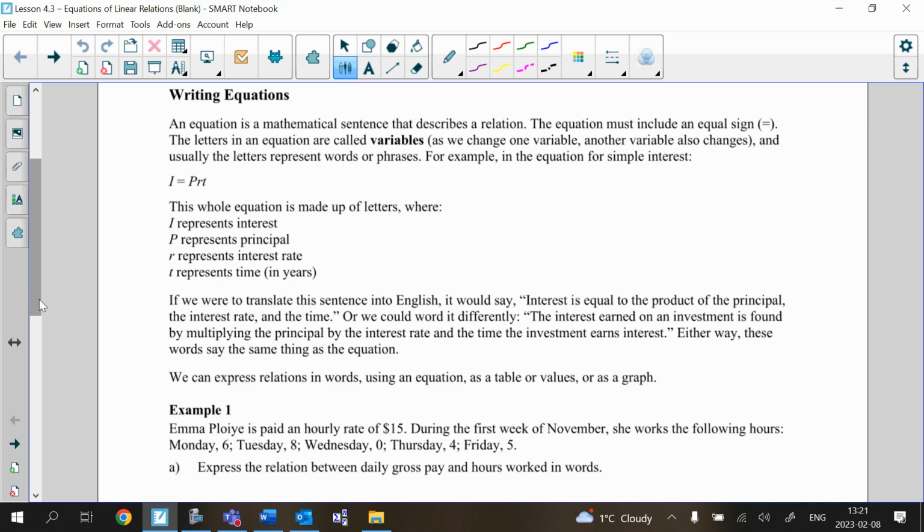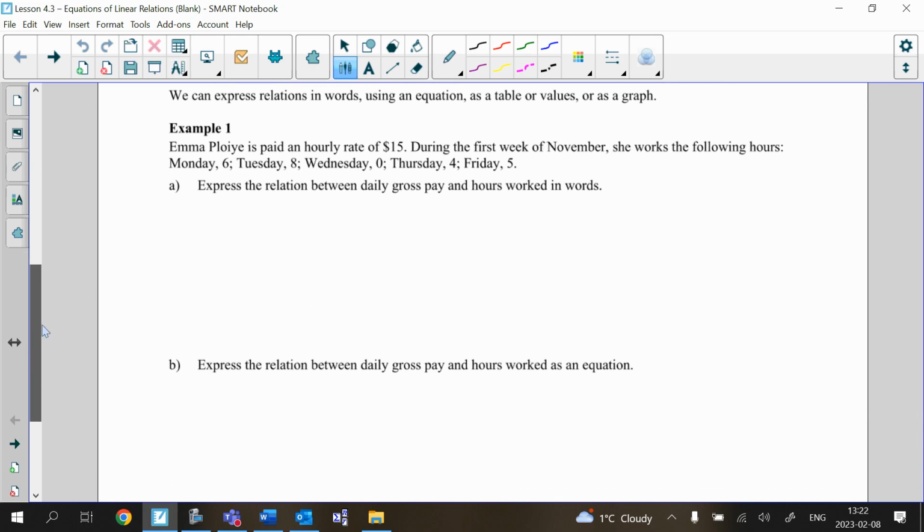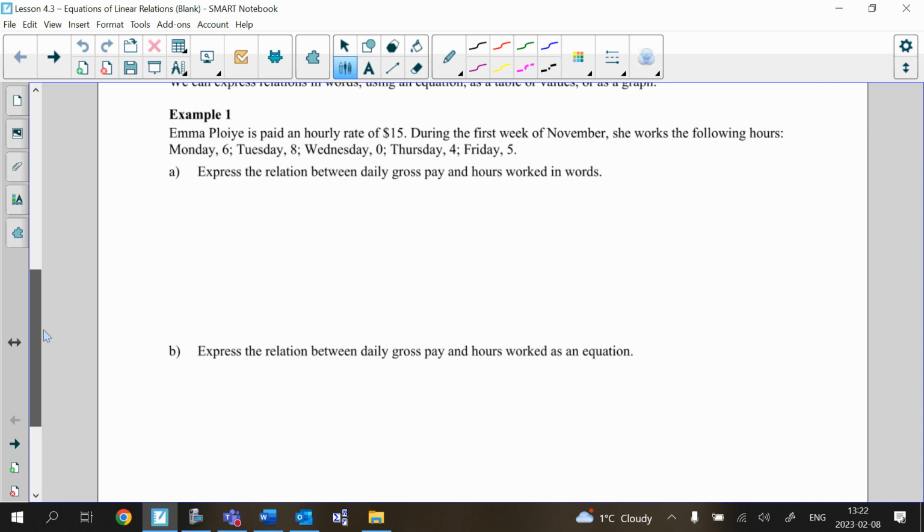So for example, Emma Ploy is paid an hourly rate of $15. During the first week of November, she works the following hours: Monday 6, Tuesday 8, Wednesday 0, Thursday 4, Friday 5. How would you express this in words? So in other words, what do we do to calculate her pay? Hours times 15, right?